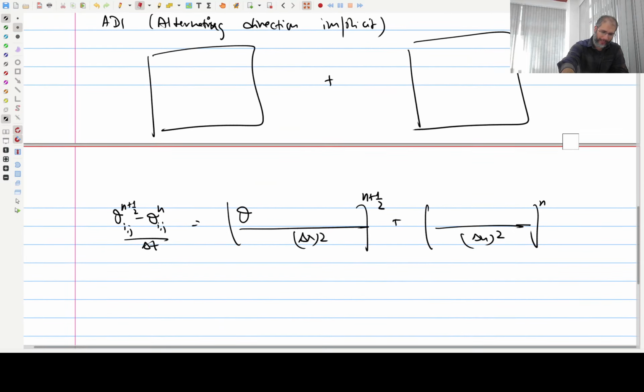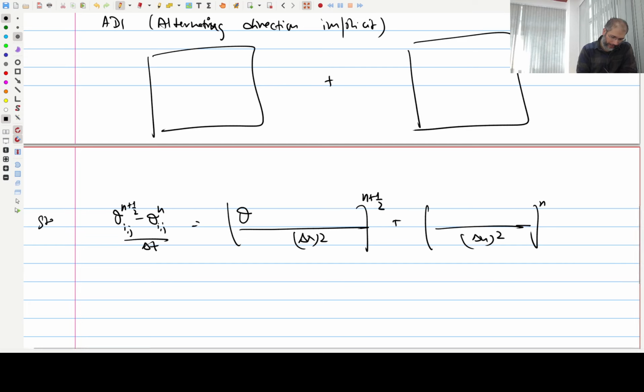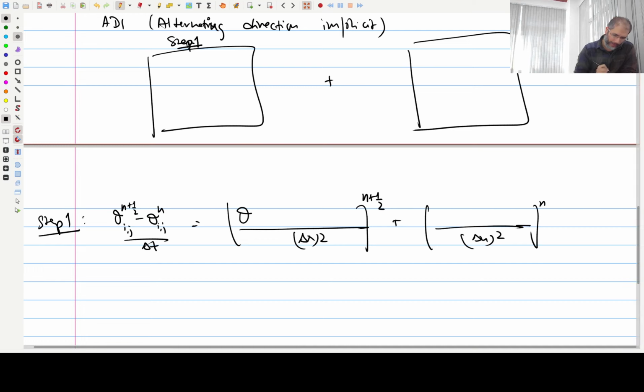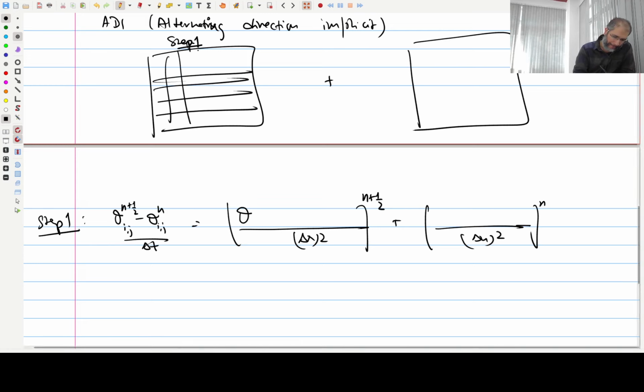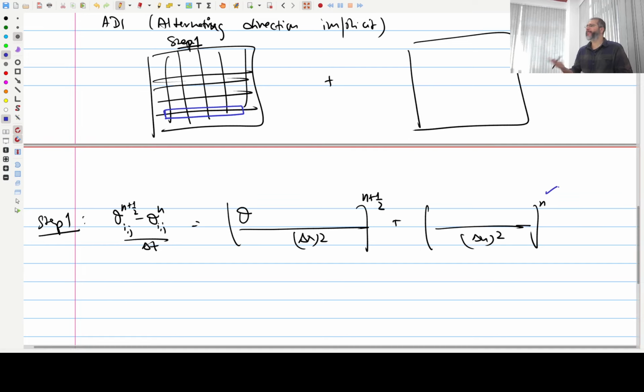It's a very smart idea. So if you look at step number 1, which is drawn here, if you rearrange the equation, the only unknowns you have are in the x direction, right? It's like you start with a line like this and you solve it completely, because the y values are all at the nth time, sort of explicit.